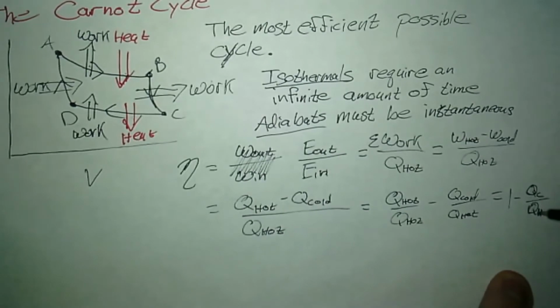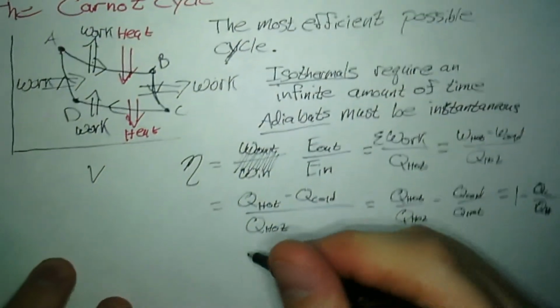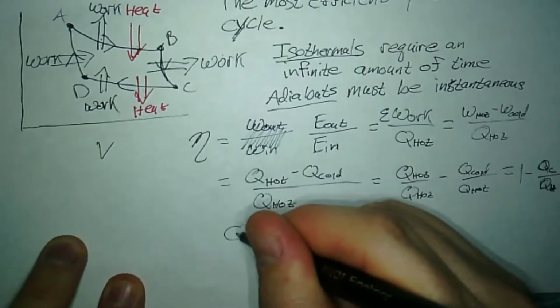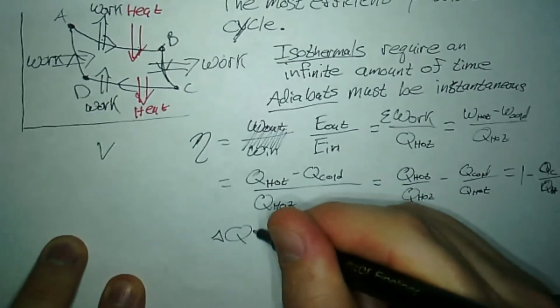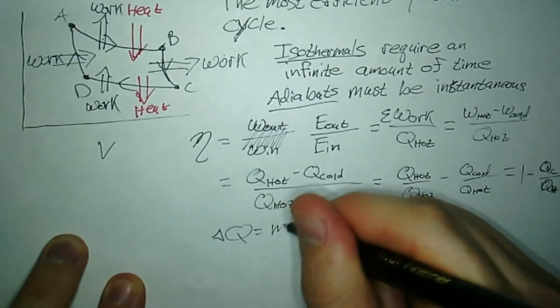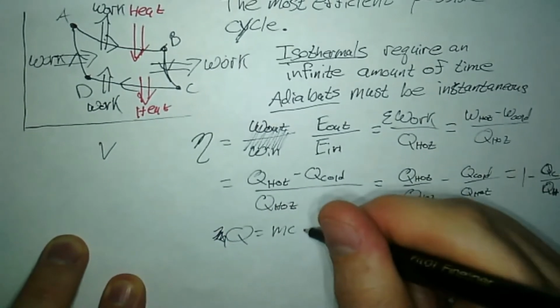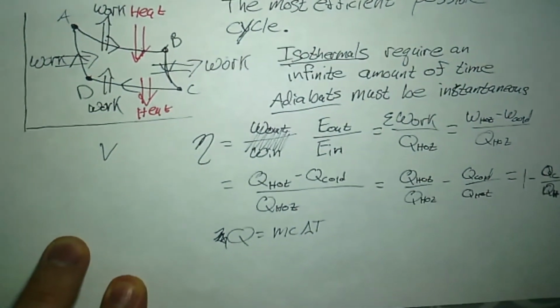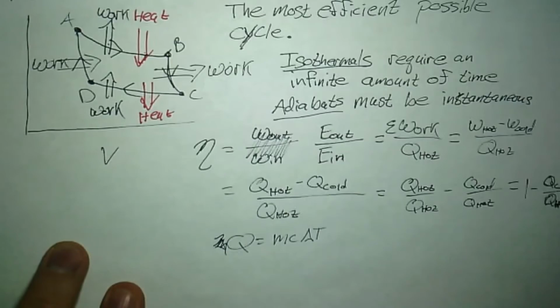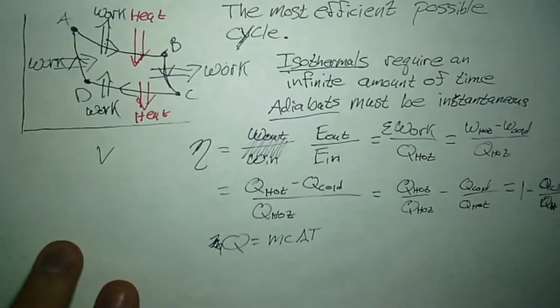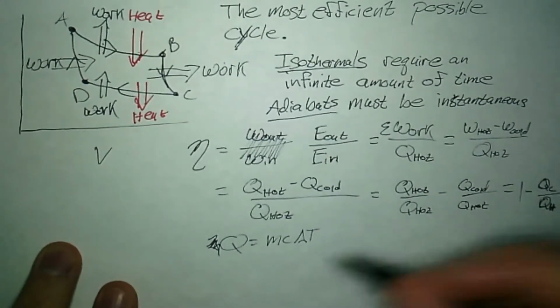And there's one more thing I can do, because I know that the heat, not the change, just the heat, is proportional to the change in temperature. And if I have the same mass for both the cold and the hot, it's just going to be the ratio of the temperature.